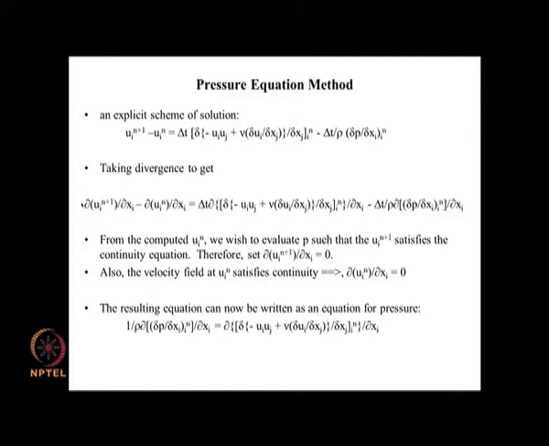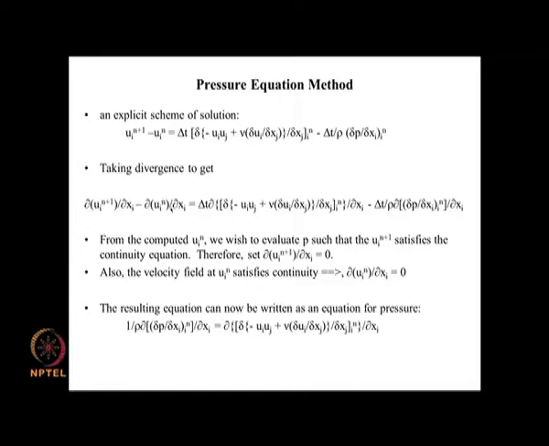So this term is 0, and we already have the previous time step value. The previous time step value must also satisfy the continuity equation, so dou by dou x_i of u_i^n must also be equal to 0. When you look at this equation, if you impose the condition that u_i^(n+1) must satisfy the continuity equation, then this is 0.